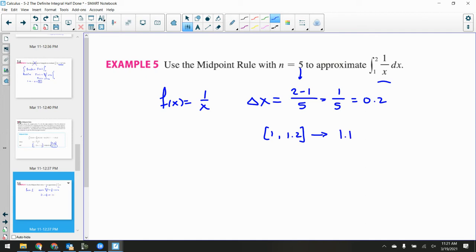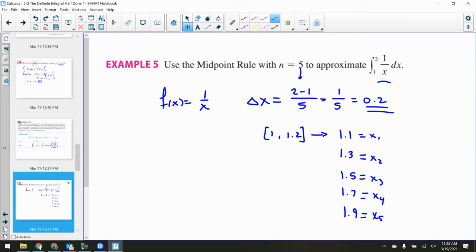That's x1. All right, and I'm going to choose 5 of them because I want 5 strips of these things. Now, I'm using my midpoints, though. I know I want my delta x to be 0.2, but I'm using midpoints. That means my next midpoint has to be 0.2 units away, or 1.3. My next midpoint would be 1.5, then 1.7, then 1.9.